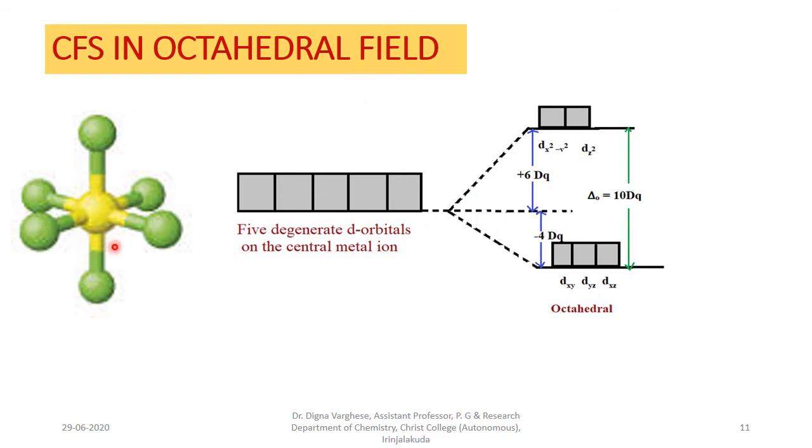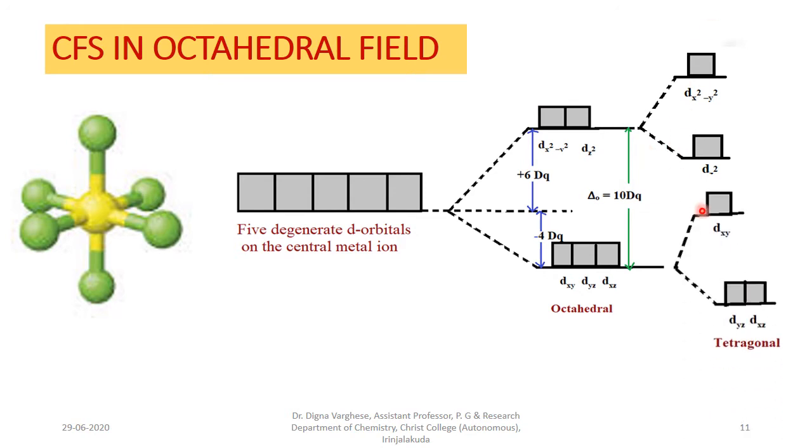And when any distortion occurs in the system, there can be a change in energy levels: the doubly degenerate eg orbitals can be split into two, and the triply degenerate set can be split into two, that is, a doubly degenerate form and a singly non-degenerate form.